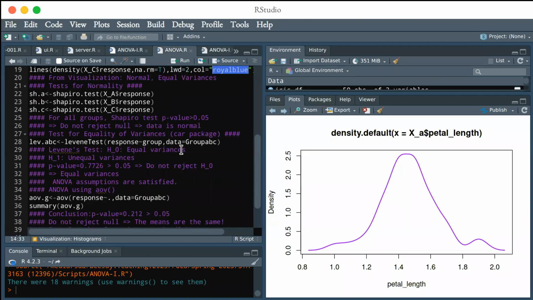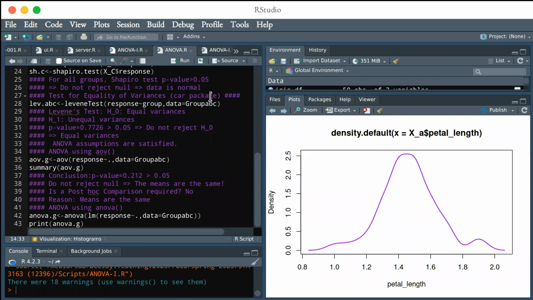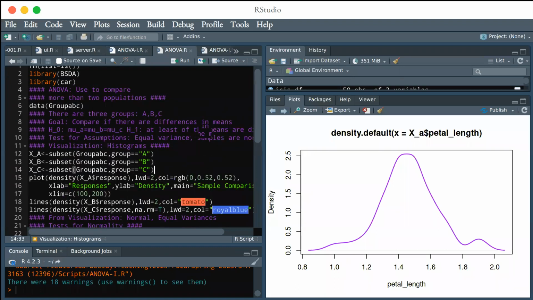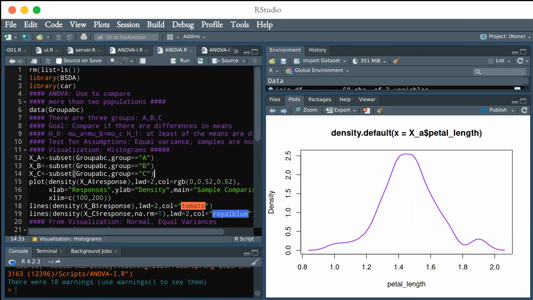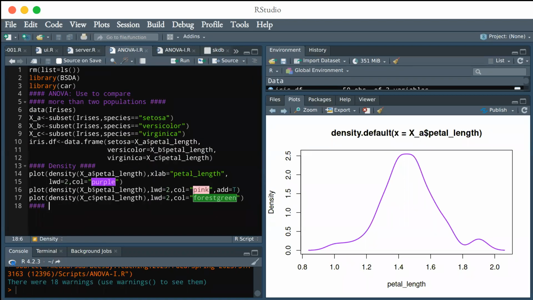Yes, there are differences, possibly. For some reason, it is not adding today, and it's bothering me. I know why. It is adding, but we're just not able to see it.